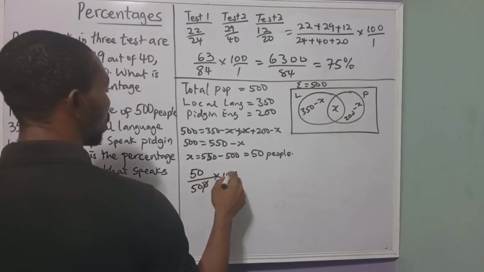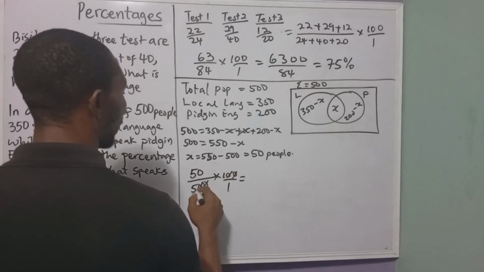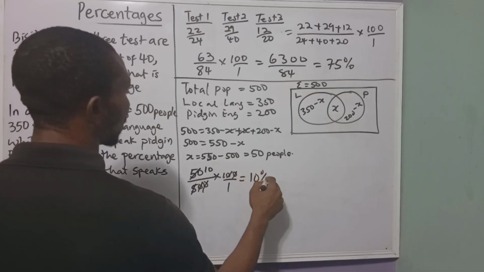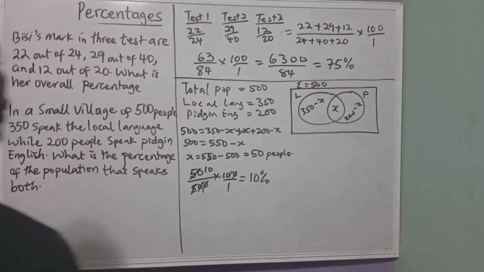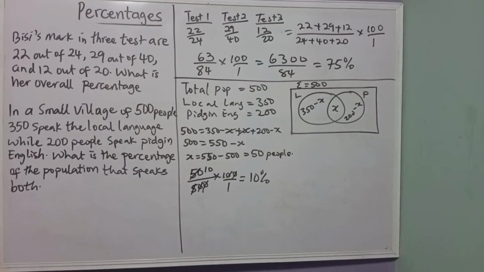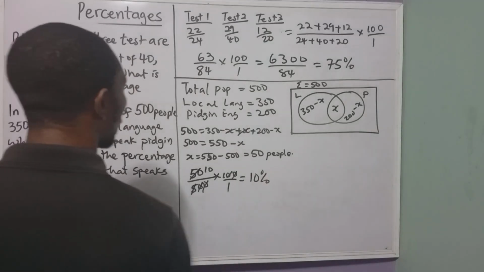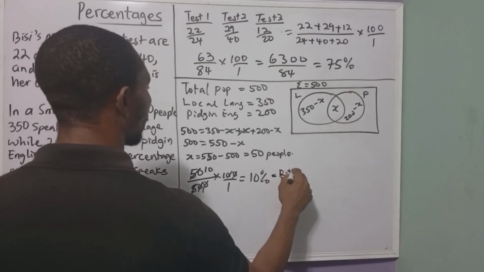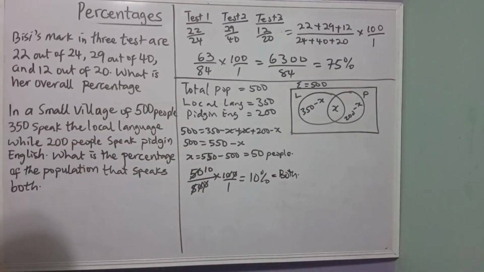This cancels this, this cancels this. So we have 5 here 1, 5 here 10. We have 10% of the people speaking both languages.